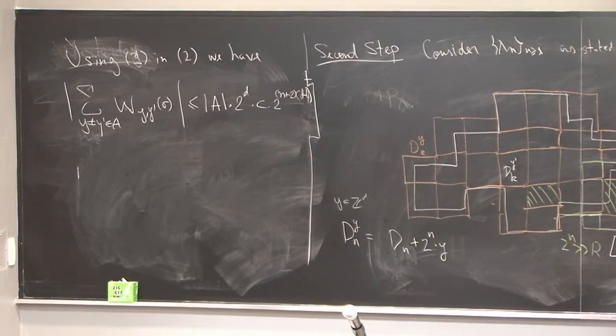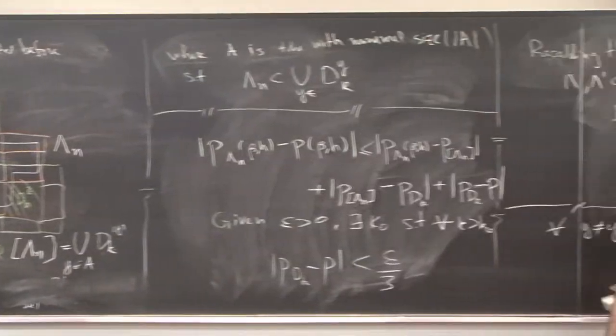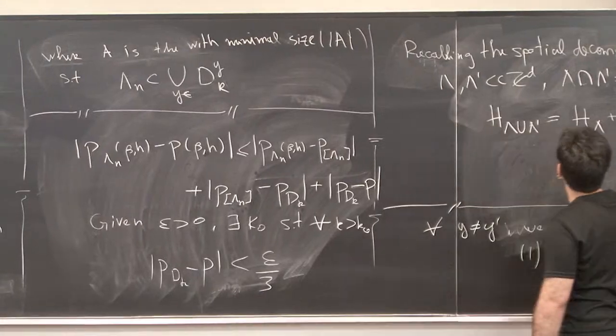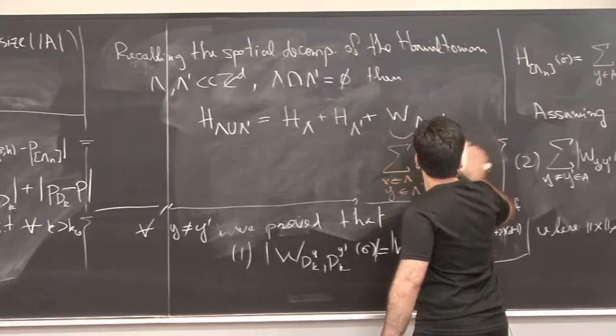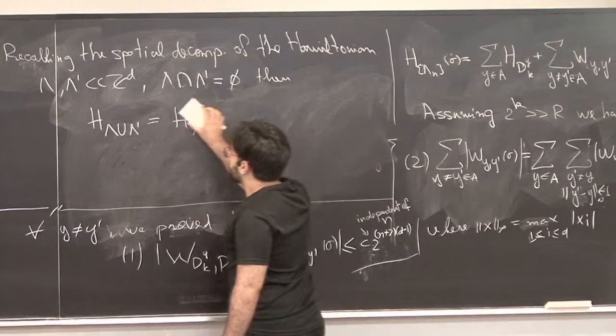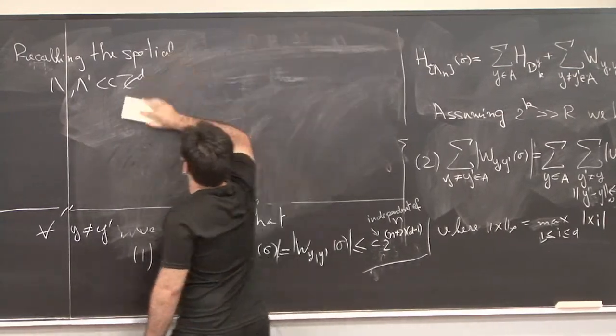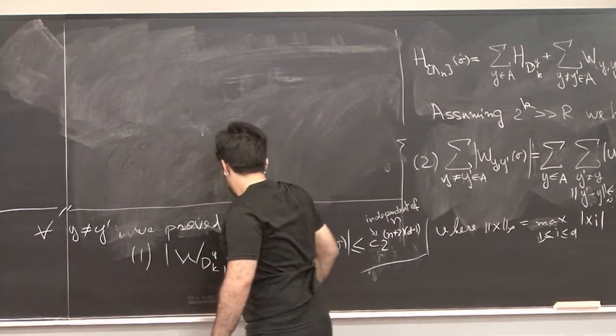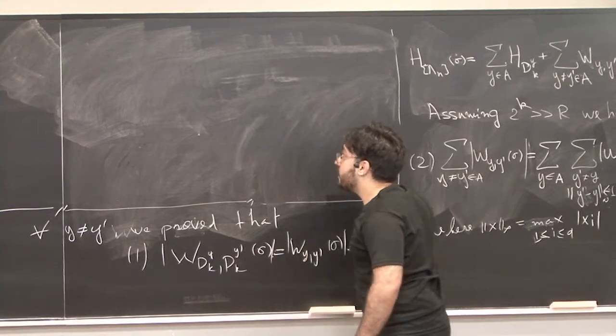Now we plug this inequality in. I don't want to erase the drawing, so I will erase this property here. Okay, now we have that inequality.